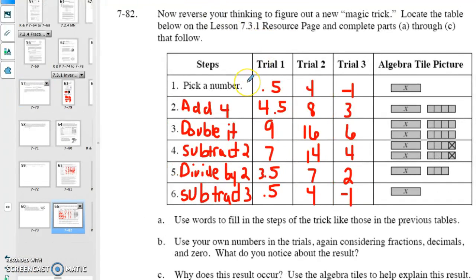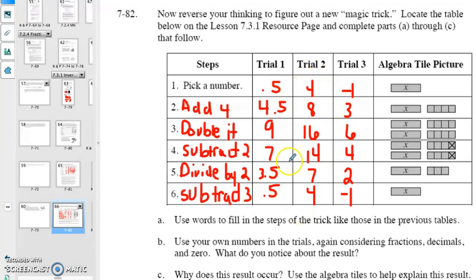All right, I went through the steps and I said to add 4, double it, or you could have written multiply by 2, subtract 2, divide by 2, and subtract 3. And every time, no matter what, if you follow those steps correctly, you should end up with your original number.